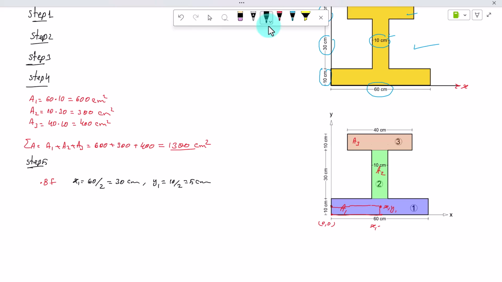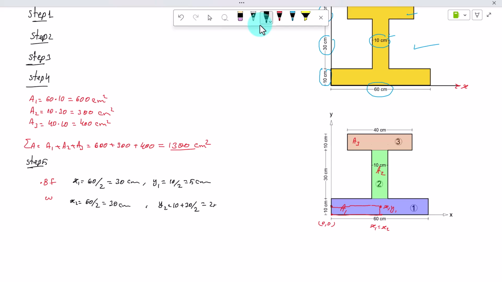Now we can write for web. x2 equals 60 divided by 2 equals 30 centimeters, and also the same. And also we can write y2 equals 10 plus 30 divided by 2.